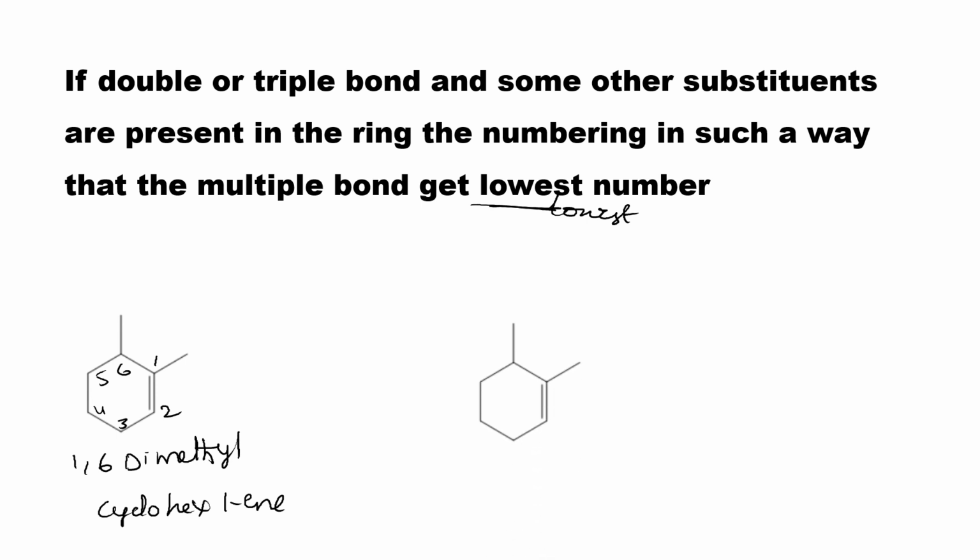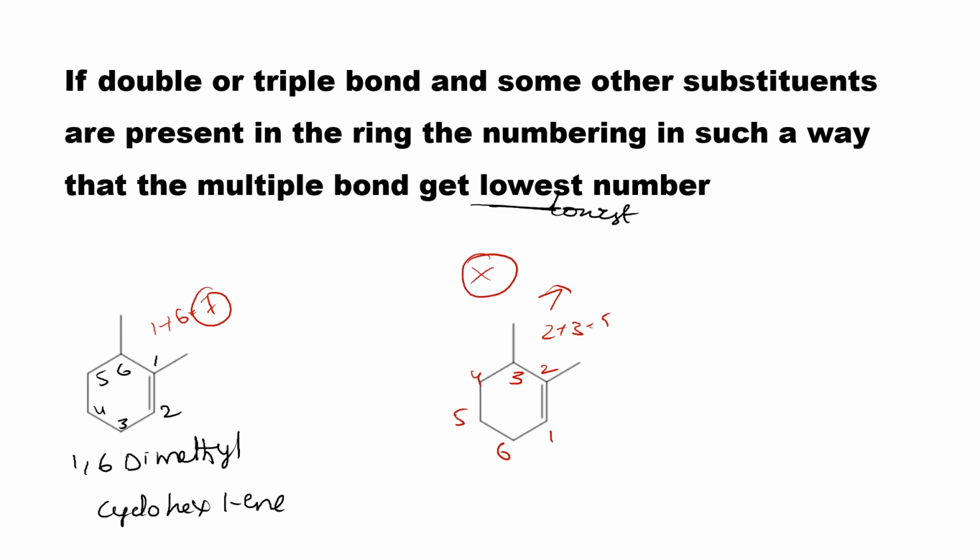Generally we think that the numbering should be like this: 1, 2, 3, 4, 5, 6. If you go in this way, the sum of the substituent positions is 2 plus 3, 5. Here the sum is 1 plus 6, 7. So it should follow the lowest sum rule, but we thought that this one is correct, and this one is not correct.